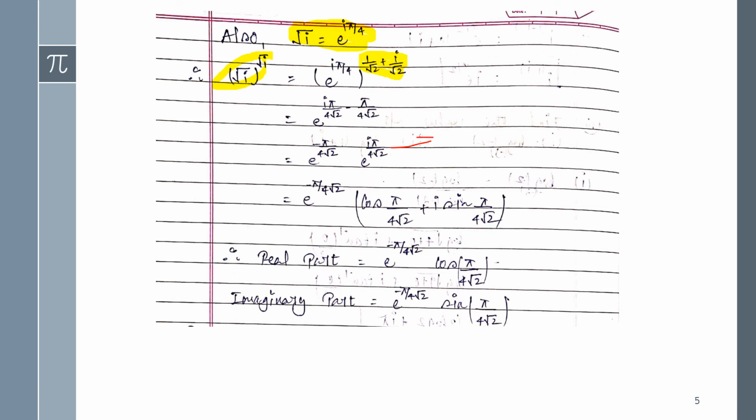I'm writing here, guys, this is nothing but e raised to i theta. So e raised to i theta means cos theta plus i sin theta. So I have applied here cos of pi upon 4 root 2 plus i sin pi upon 4 root 2.